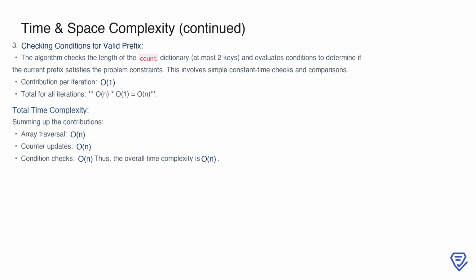When we sum up the contributions from array traversal, counter updates, and condition checks, we see that the total time complexity of the algorithm is O(n). This linear time complexity highlights the efficiency of this optimized approach, as it minimizes redundant calculations and ensures that each element is processed only once.